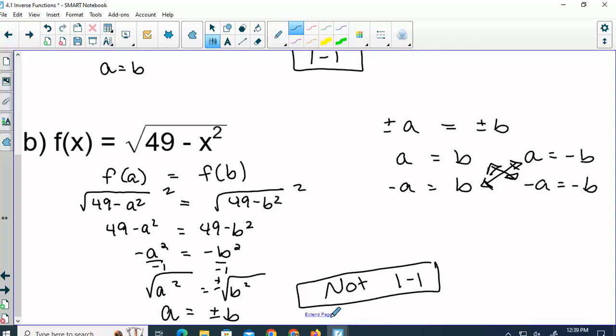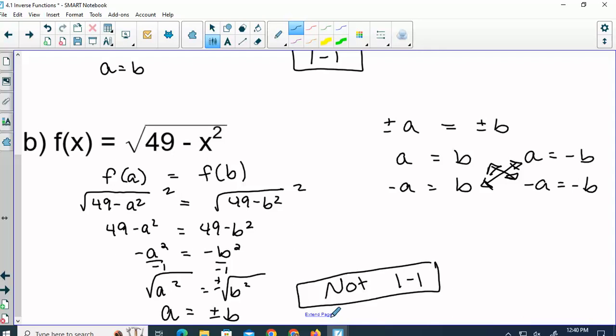So we can always tell by looking at that function. The other option, we know that when we talked about if something was a function or not, x couldn't repeat. And when we looked at a graph, we said, well, if x never repeats, it would pass the vertical line test. 1-to-1 says y doesn't repeat.